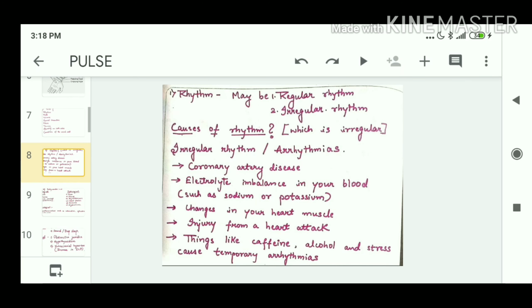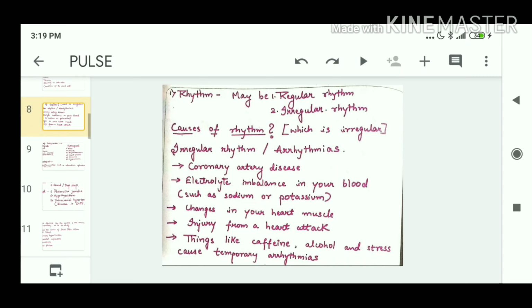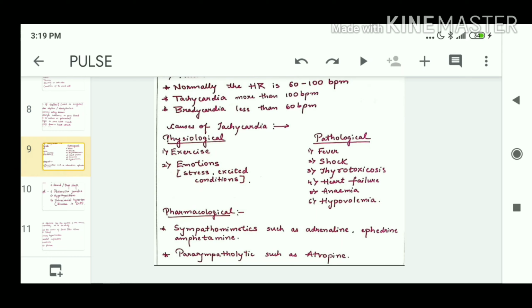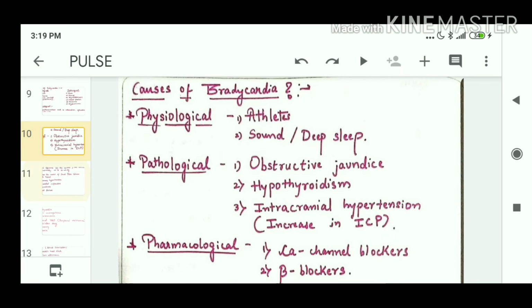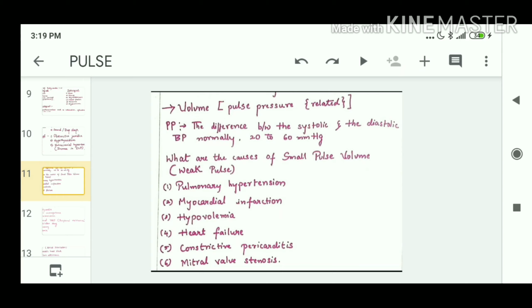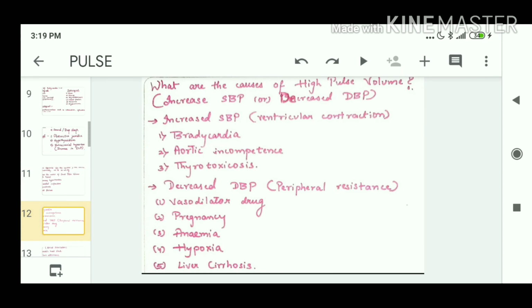In rhythm there are two types, regular rhythm and irregular rhythm. What are the causes of irregular rhythm? And rate: normal heart rate, tachycardia, bradycardia, their physiological, pathological and pharmacological conditions. Next, volume: how it is related to pulse pressure, what is pulse pressure, what are the causes of weak pulse.